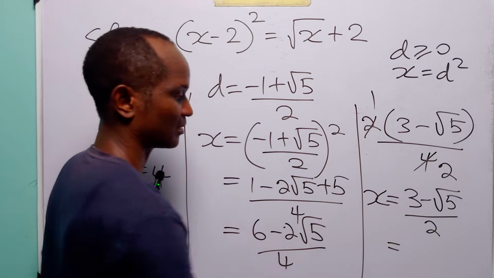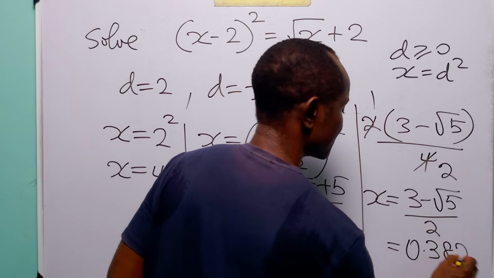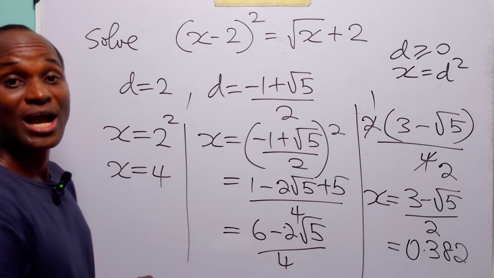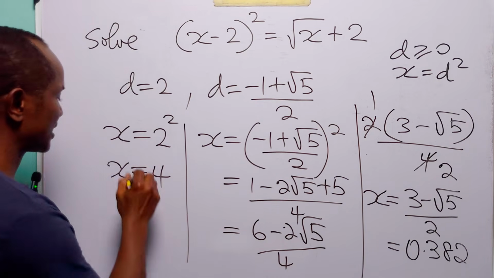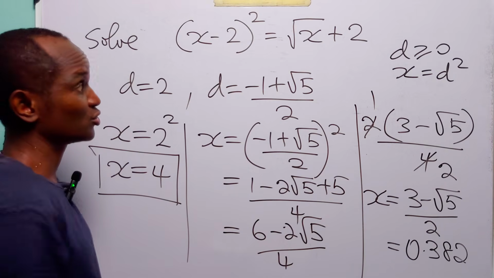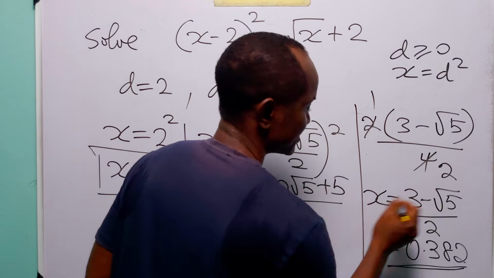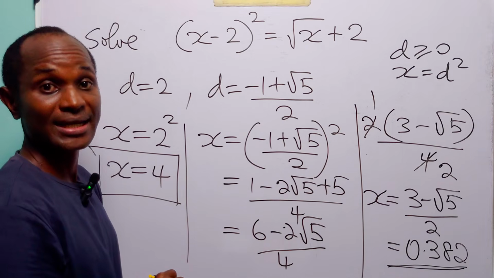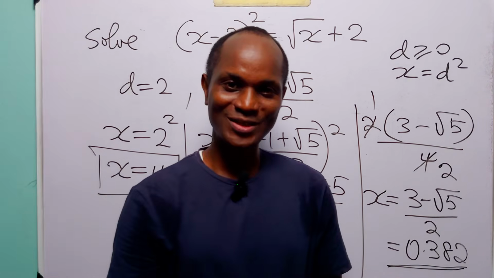And in decimal, x is equal to 0.382. So now we have the two values of x that satisfy this equation. X equal to 4, which is the very obvious solution. And then x equal to this, or 0.382.